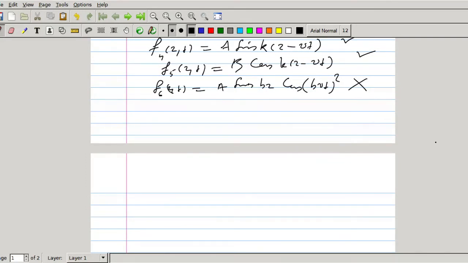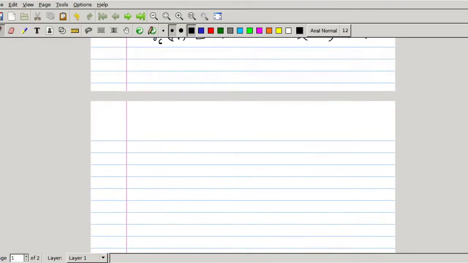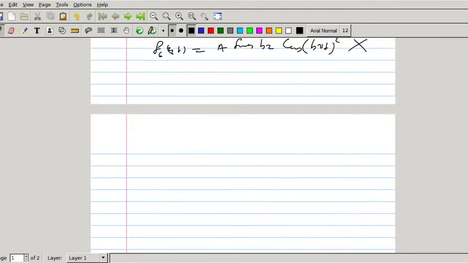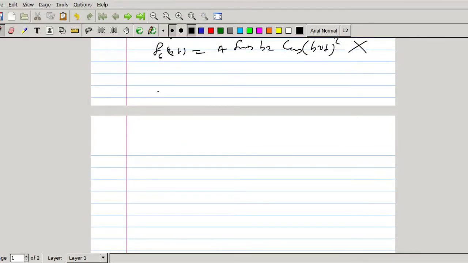Now we will obtain the classical wave equation. These are the forms of waves, and now we obtain a classical wave equation. Consider a stretched string, and the wave is produced by shaking the string in a perpendicular direction.